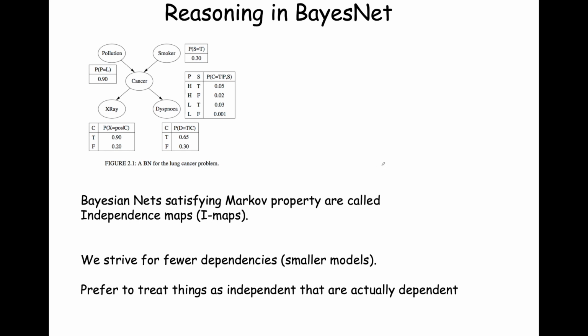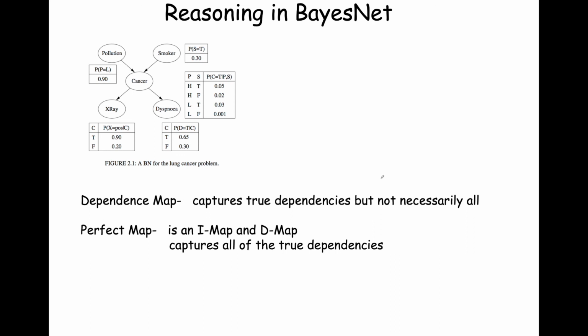No. We're losing information, but there's always a trade-off between tractability and specificity. A dependence map is one that captures true dependencies, but not necessarily all the dependencies. And you can have a perfect map, which is nothing more than a dependence map where all of the true dependencies are modeled.